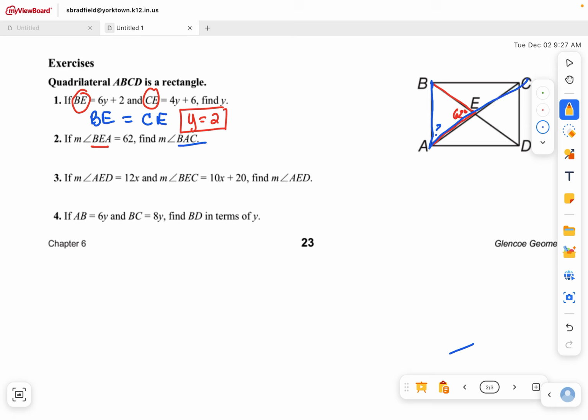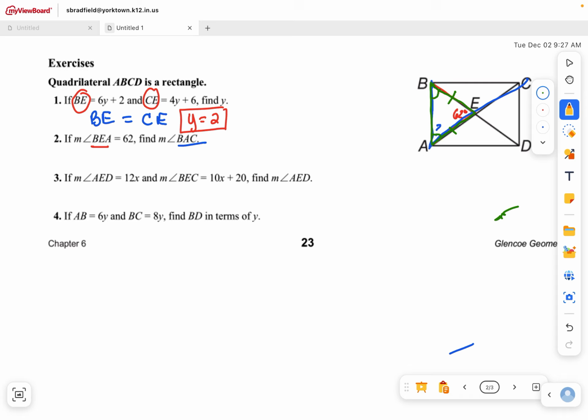Well, yesterday we talked about the fact that we had a bunch of triangles, and we actually found out that these were isosceles triangles. So we're just going to focus on the fact that we have an isosceles triangle right here. Because it's an isosceles triangle, by the isosceles triangle theorem, these base angles are congruent.